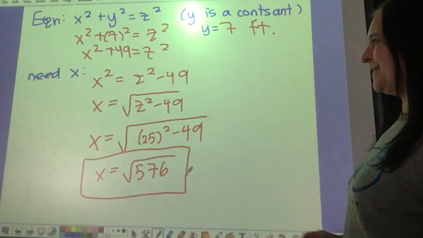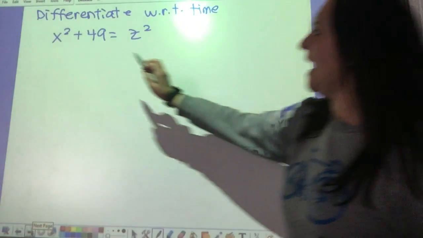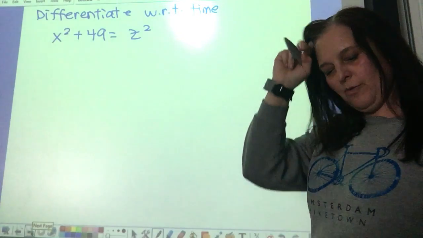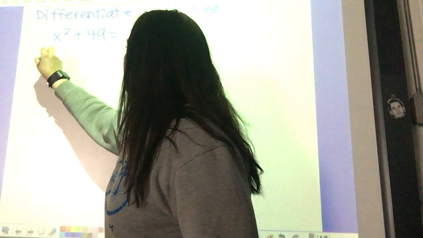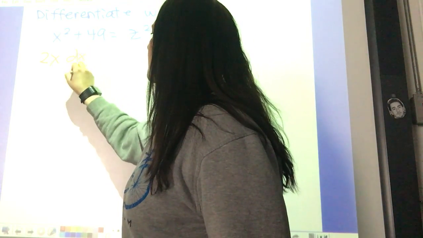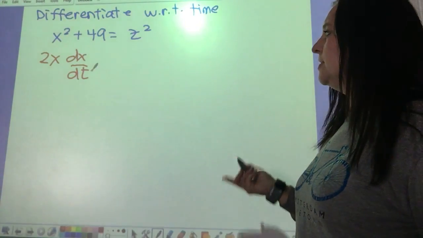Okay, so now we're ready to solve the question. We are going back to x squared plus 49 equals z squared. Now we can differentiate with respect to time. The derivative of x squared is 2x, but remember we are differentiating with respect to time. The derivative of 49, a constant, is just 0, so you can put the plus 0 or just leave it.